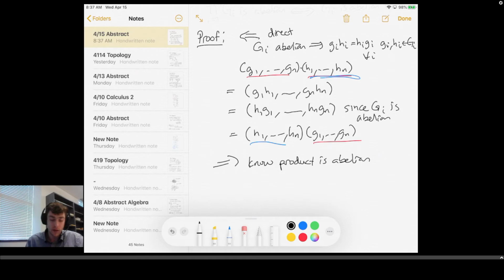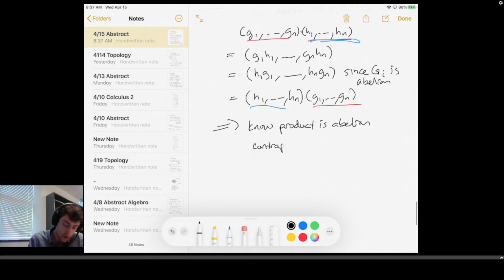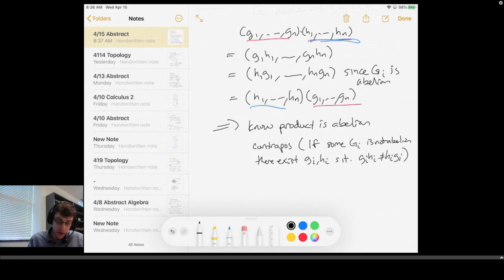So if you did it by contrapositive, this would be just: if in some coordinate some G_i is not abelian, there exists g_i and h_i such that g_i h_i is not equal to h_i g_i. And then all you would have to do is not really worry about your other coordinates.